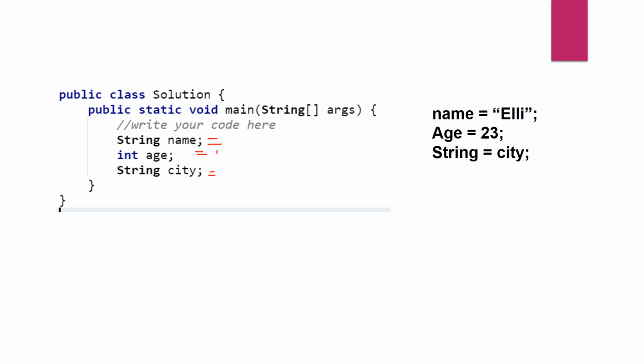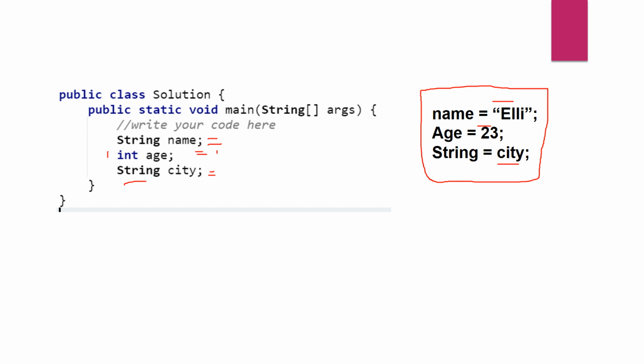Let's see what we did. To the name, here will be a text. To the integer, here will be a number. Same here to string, here will be a text, but I made some mistakes here intentionally. So there are two errors in this code. Can you guess the errors inside this code?